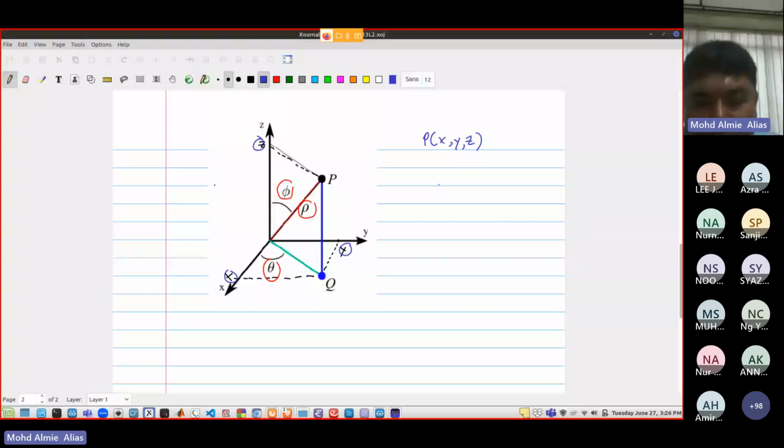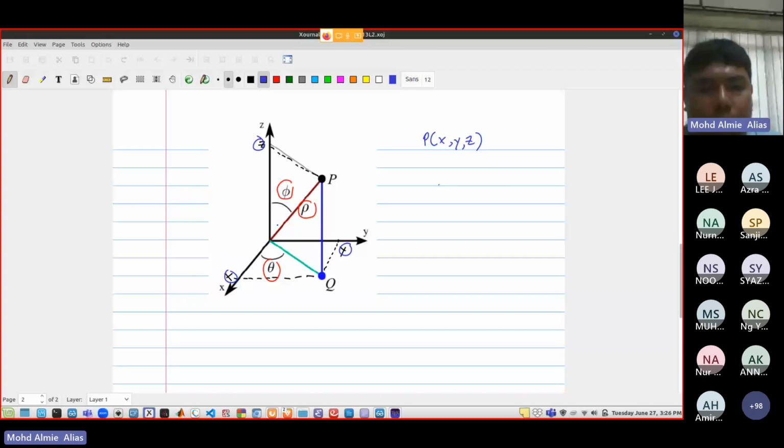Rather, you use theta, rho, and phi. As you can see here, rho is the distance between point P and the pole, which is the origin. So you measure the distance between them. It's easy to calculate: if you have a point, you can just calculate the magnitude to get its distance from the origin.